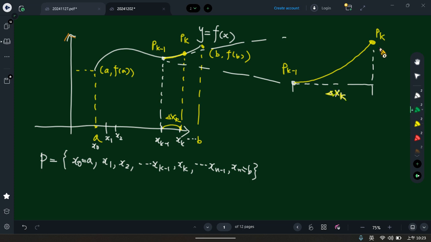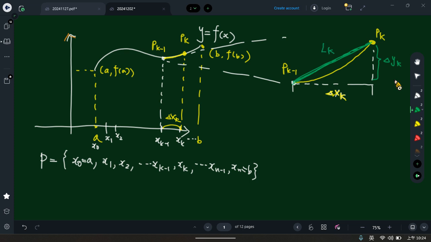Then we also have delta Yk for this portion. So based on this, the estimated length will be Lk.